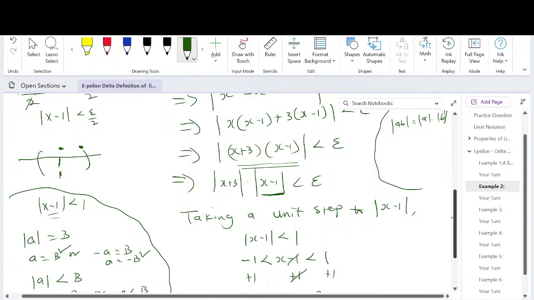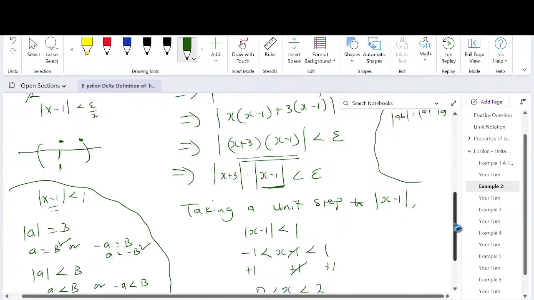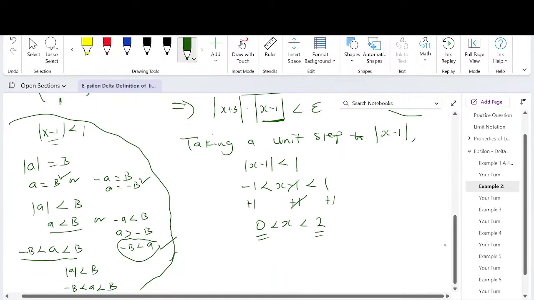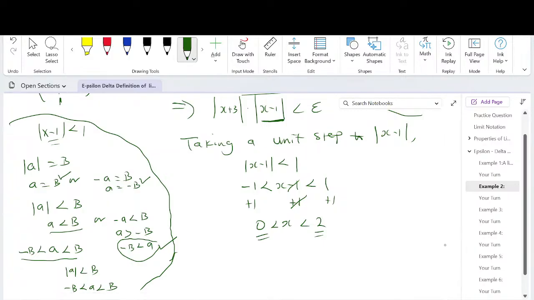Don't forget I want this to be bigger. If I pick 2, it will be 2 plus 3, that will be 5, 5 times this. You can see that picking 2 is better than picking 0, because 2 will make it bigger than 0. So that is why I'm going to pick 2. Note that x is not exactly 2, but x is very close to 2.